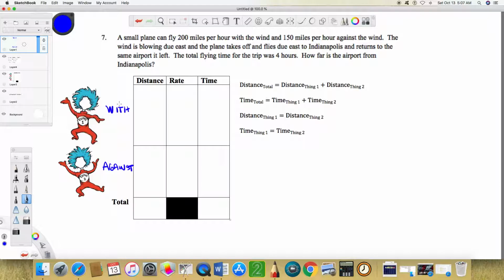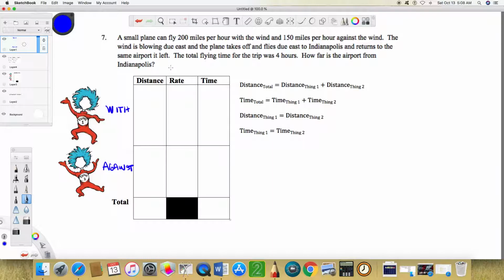Now that you've identified thing one and thing two, complete the table as much as you can, and then press continue. All right, so with the wind is pushing you and making you go faster.